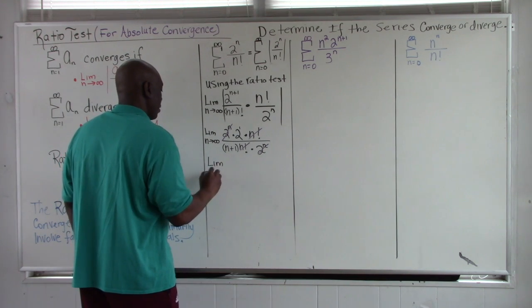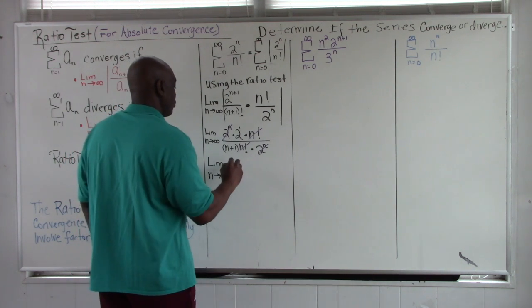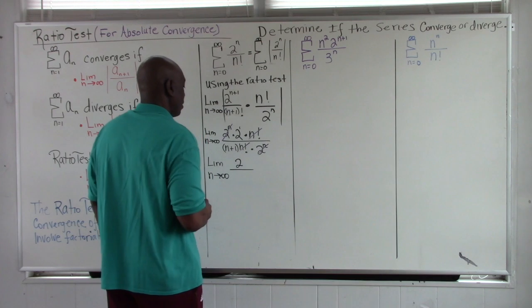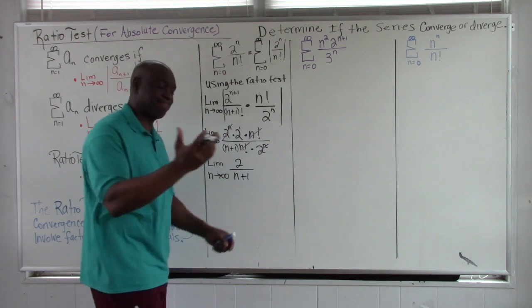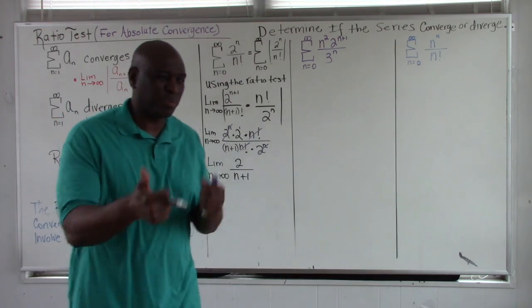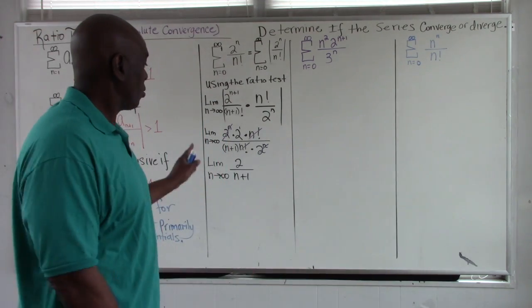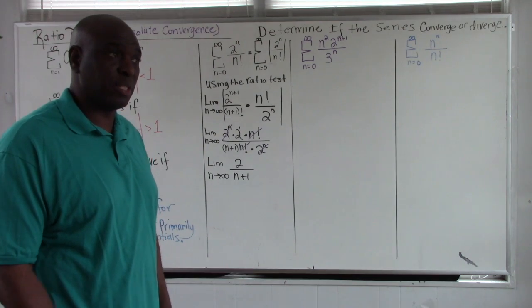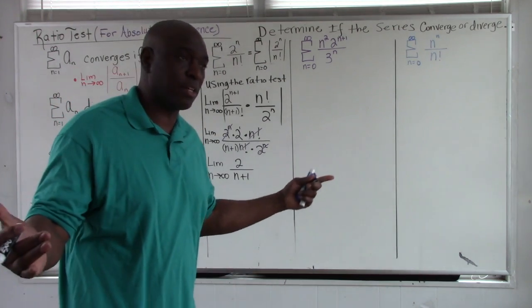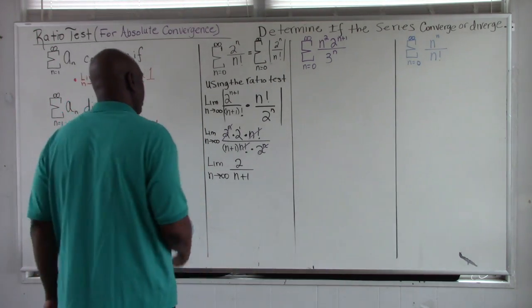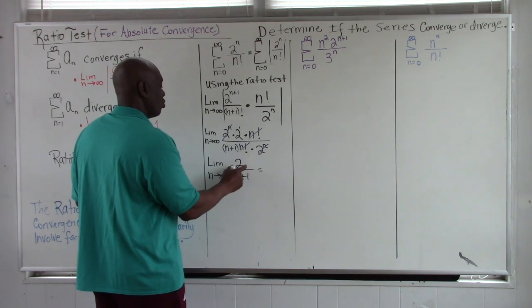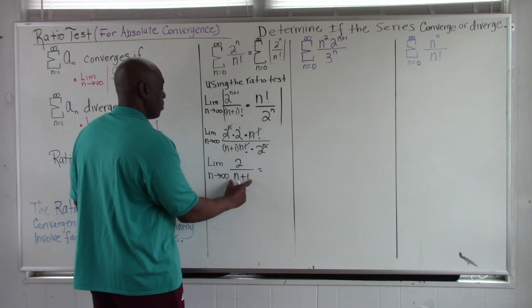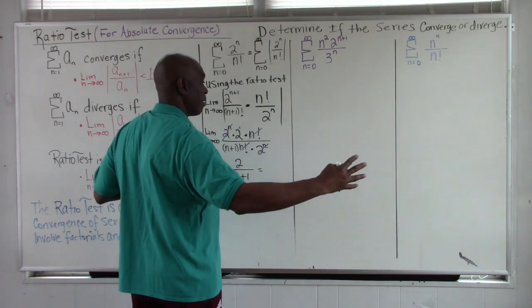We're left with the limit as n goes to infinity of 2 divided by n plus 1. Now we're looking pretty good. 2 divided by n plus 1, even as n gets increasingly large. So where does this expression go? Well, obviously our numerator is 2, but the denominator gets increasingly large.